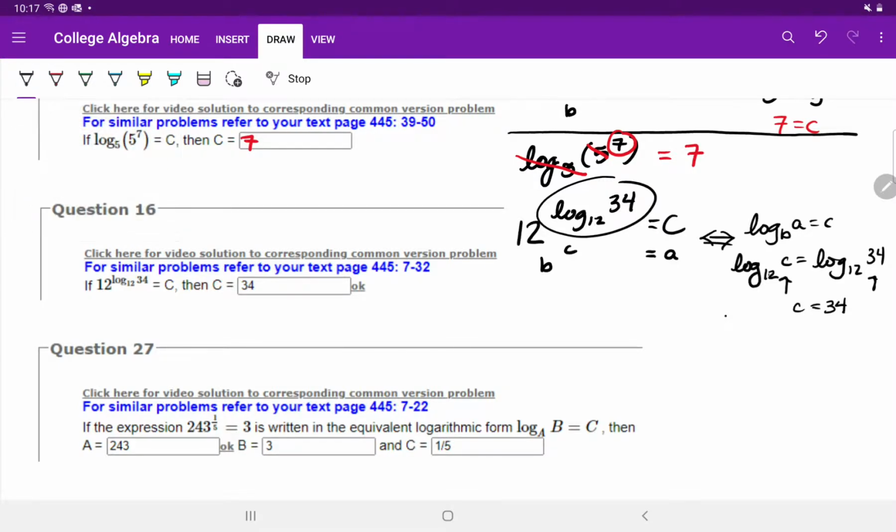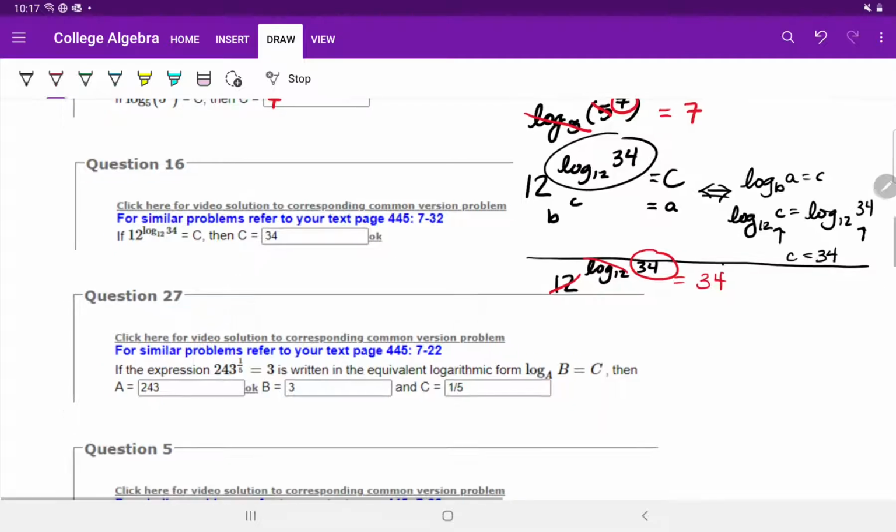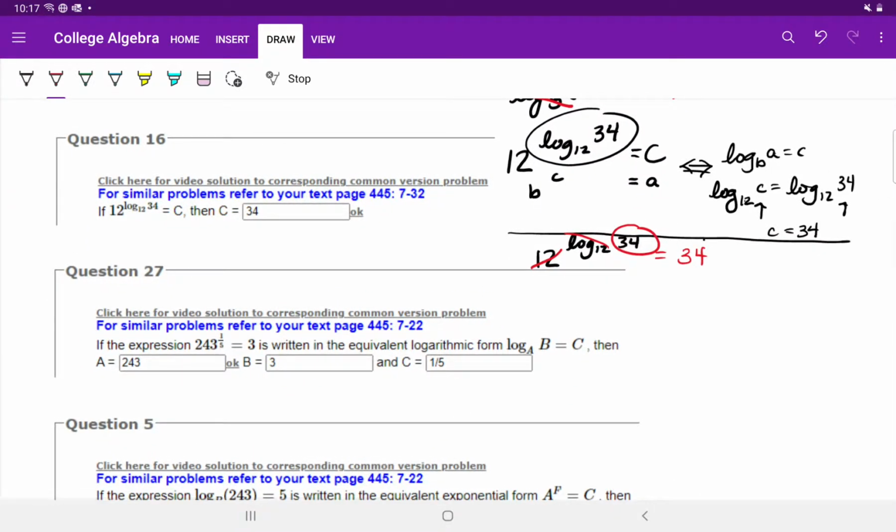The shortcut way of solving this same exact problem is if you start with 12 to the exponent of log base 12 of 34, the 12 base and the log base 12 cancel each other out because they're inverses, so we end up simply with 34. The shortcut way is really nice. Once you understand how it works and you can use it comfortably, I highly recommend using the shortcut.